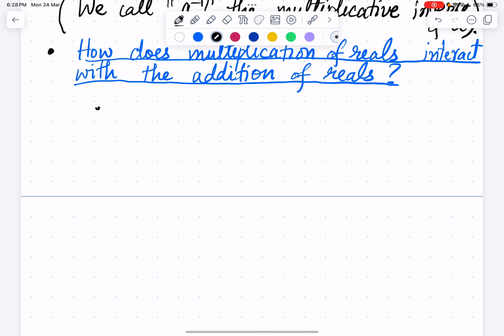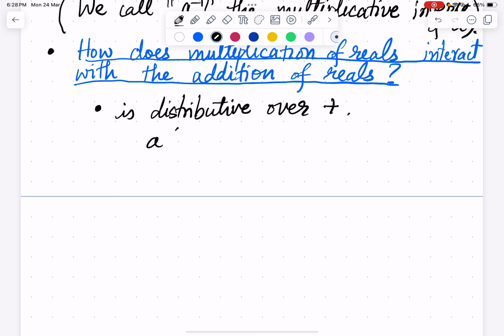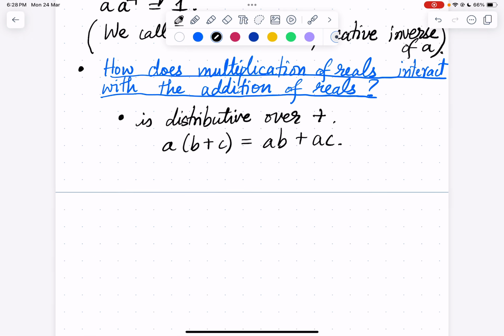So multiplication of reals is distributive over addition of reals. So we have a times b plus c is a times b plus a times c. This is, so distributivity is one key criterion which allows us to do algebra.